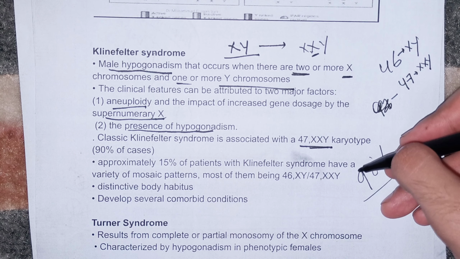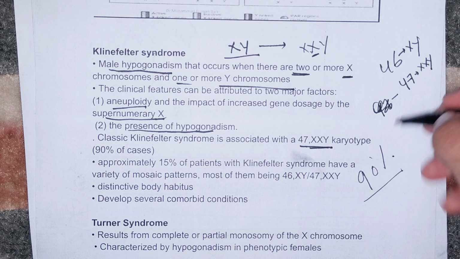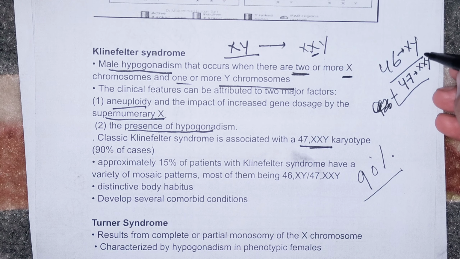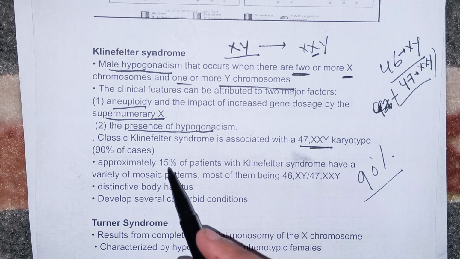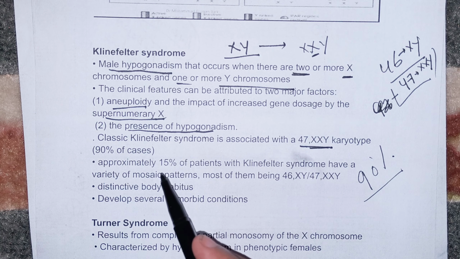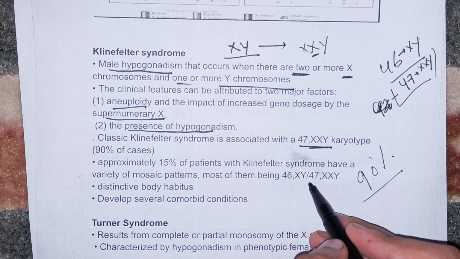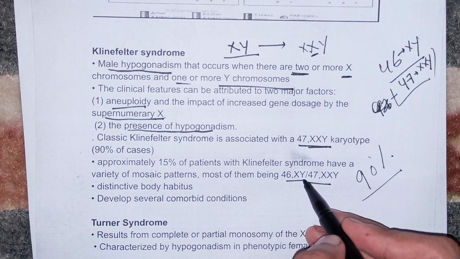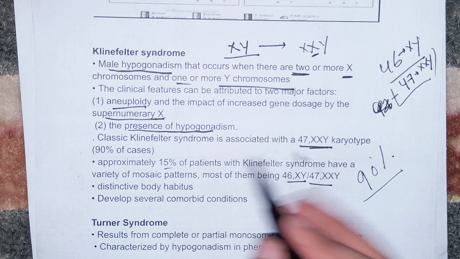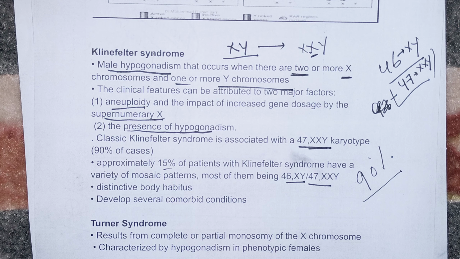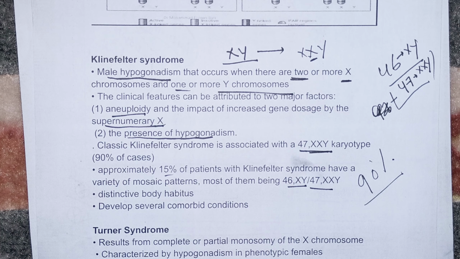Okay, in 90% cases of Klinefelter syndrome, all the cells carry this abnormality, but in 15% cases you may come to see mosaicism, that a few cells contain this abnormality and a few cells are normal, having their normal last pair. Okay, but remember, this is seen in 15% cases only. Yeah, this is the Klinefelter syndrome, beta.